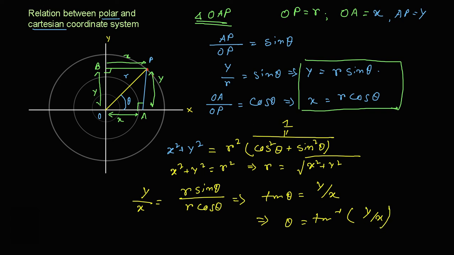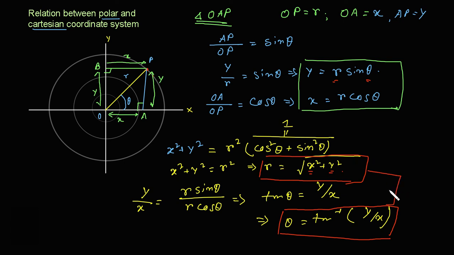So we got two relations, theta and r. So what is the use of this? When you are given these data r and theta, you can convert polar to Cartesian, and if you have the x and y values, then from Cartesian you can go to polar coordinates by these relations.